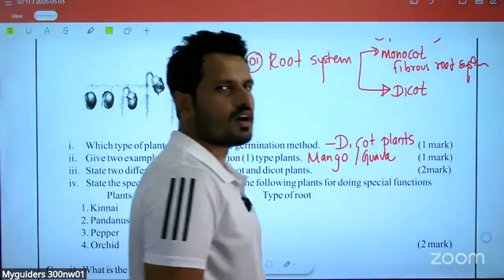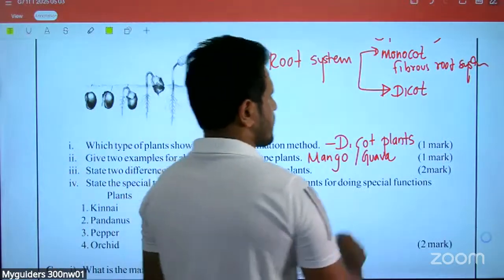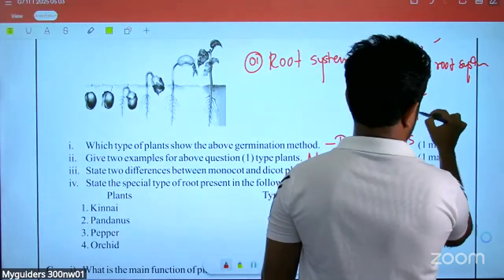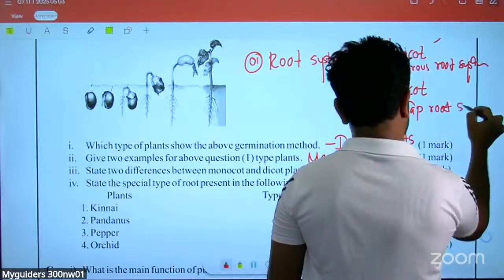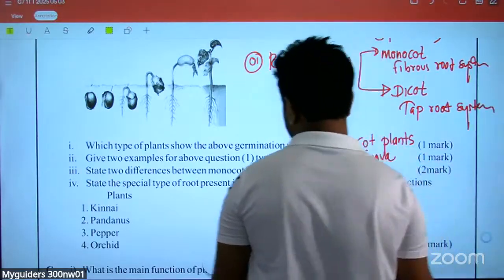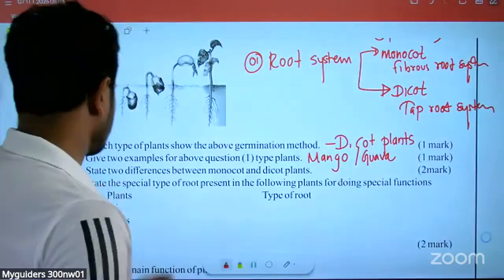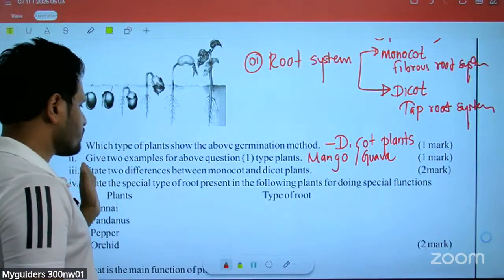You can observe a fibrous root system in monocot plants and a tap root system in dicot plants.